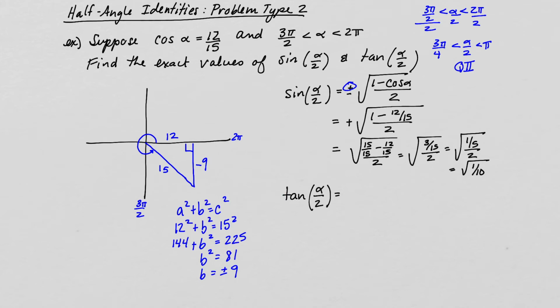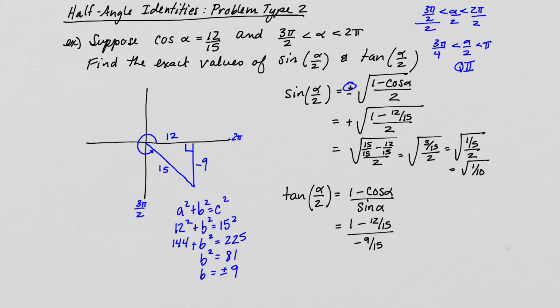So the tangent of alpha over 2 is 1 minus the cosine of alpha all over the sine of alpha. In our case, it's going to be 1 minus 12 over 15 divided by negative 9 over 15.